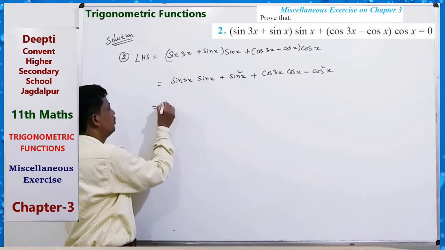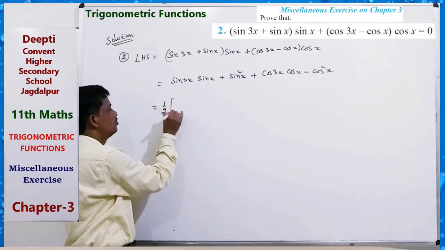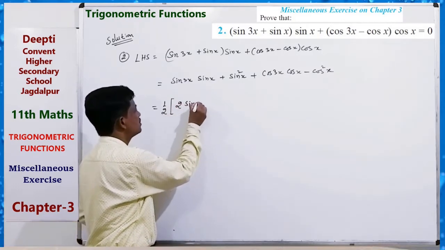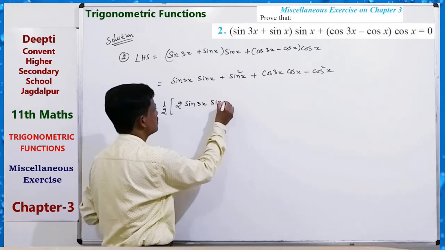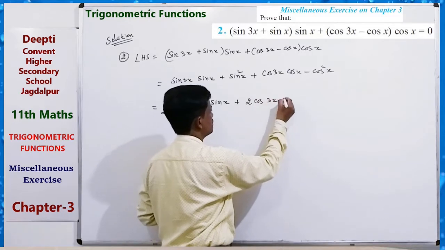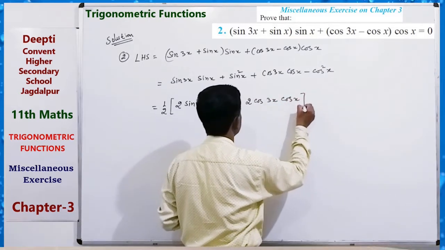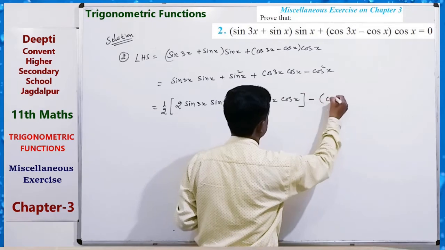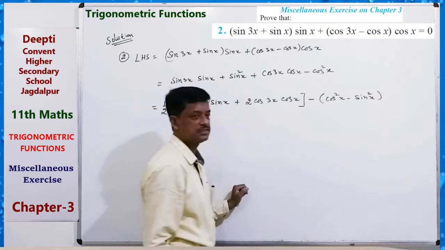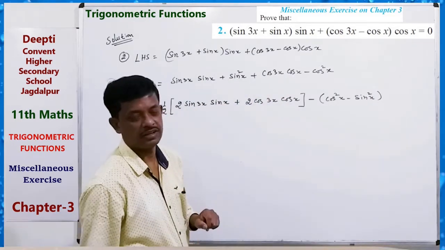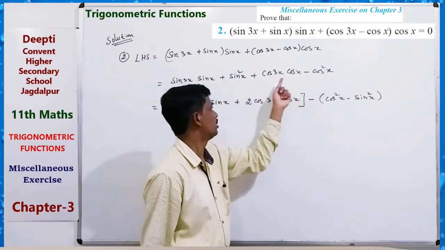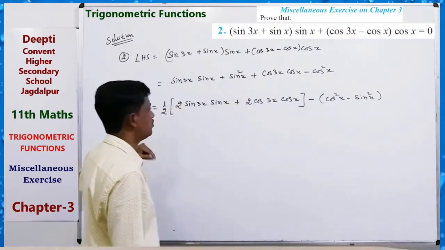Now 1 by 2 of 2 sin 3x sin x plus 2 cos 3x cos x minus cos square x minus sin square x. We can write like this. They are minus cos square plus sin square, so minus common, then cos square minus sin square, by taking these two multiply by 2 and divided by 2.